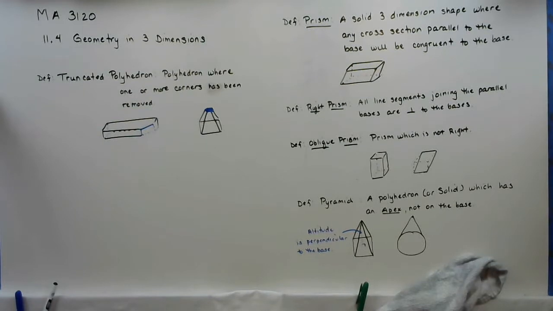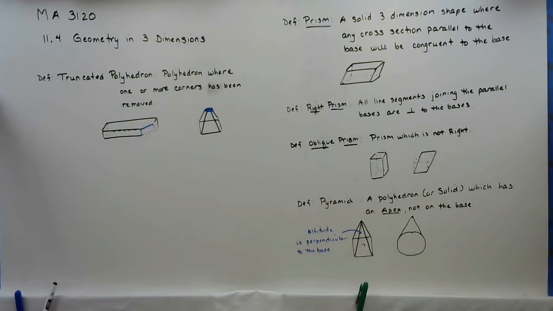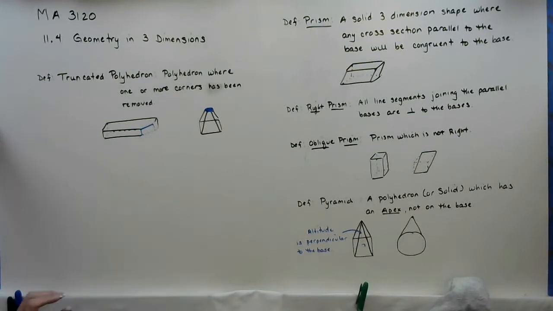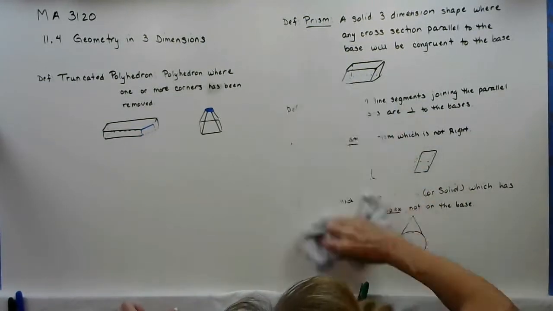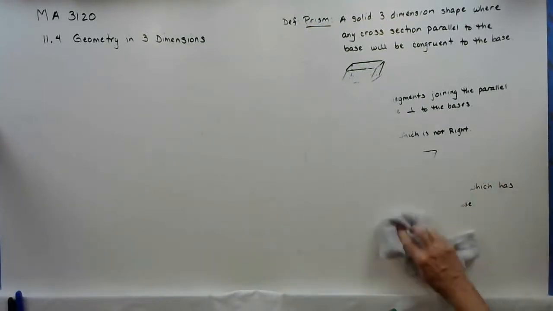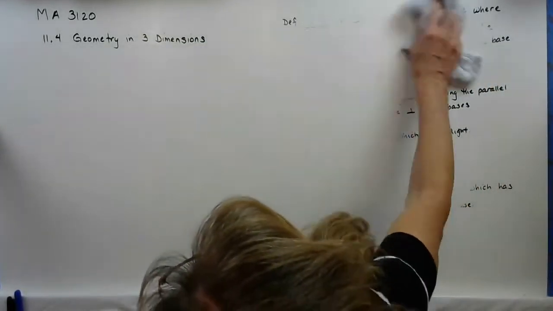Okay, so now that we have an idea that a polyhedron is hollow, a solid is solid, and everything's in between, let's take a look at the regular polyhedra that are out there. And what's nice is we have a finite number of them.